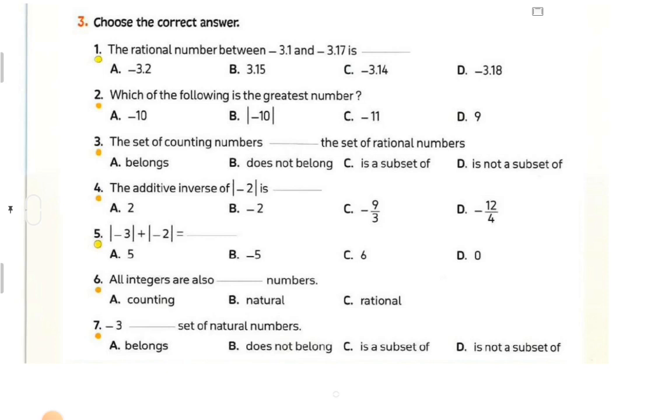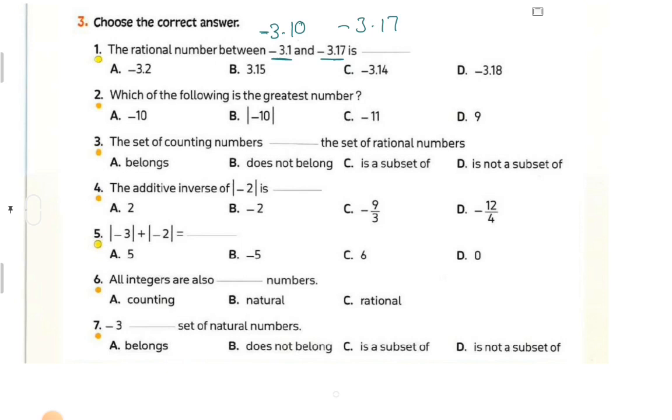Question number 3. Choose the correct answer. Number 1, the rational number between negative 3.1 and negative 3.17. First, here we have the tenths place, but here we have the hundredths place. Let's put 0. There's no problem. And here we have negative 3.17.